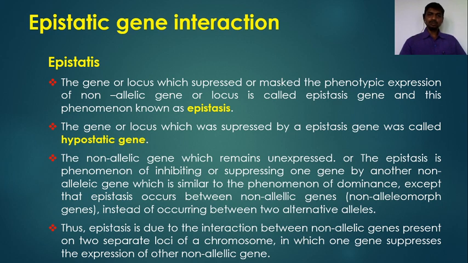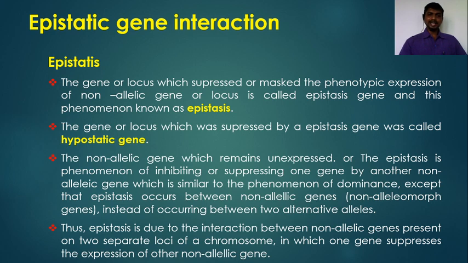The gene which was suppressed by the epistatic gene is called the hypostatic gene. So there are two genes, one is the epistatic gene, another one is the hypostatic gene. The gene which suppresses or masks the phenotypic expression of the other gene is called the epistatic gene, and the gene which was suppressed by the epistatic gene is called the hypostatic gene.